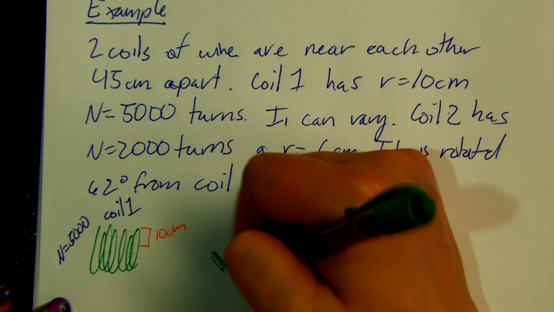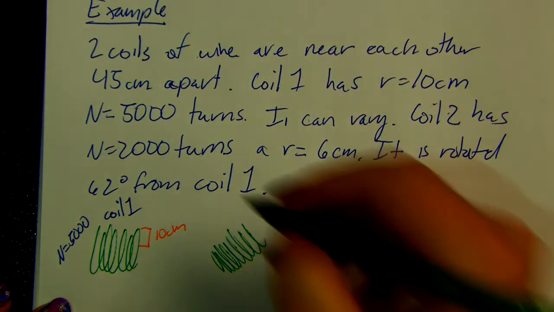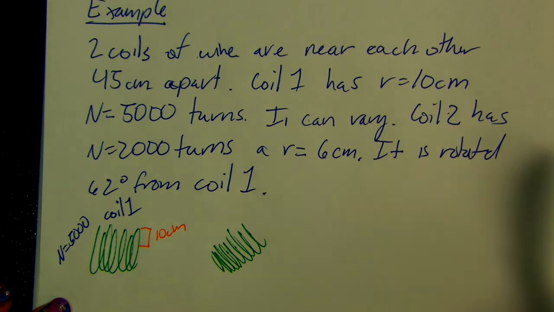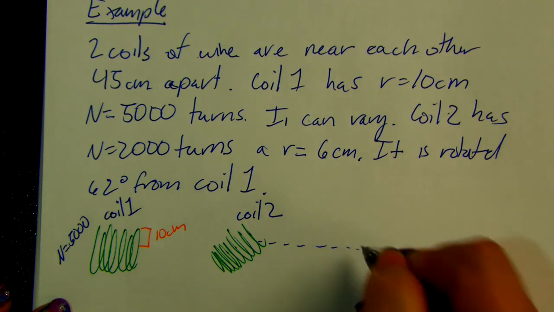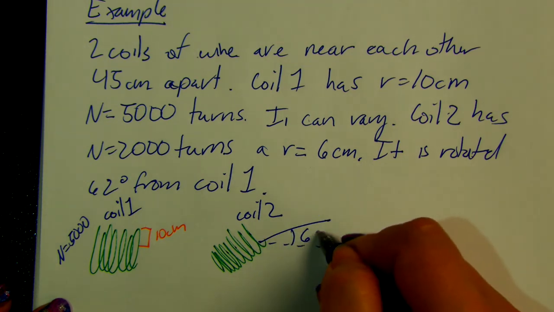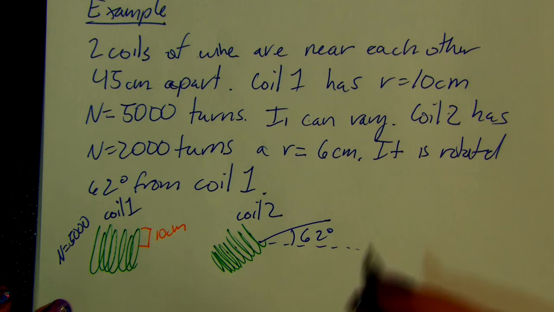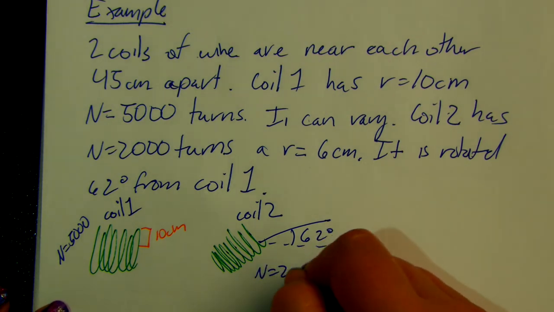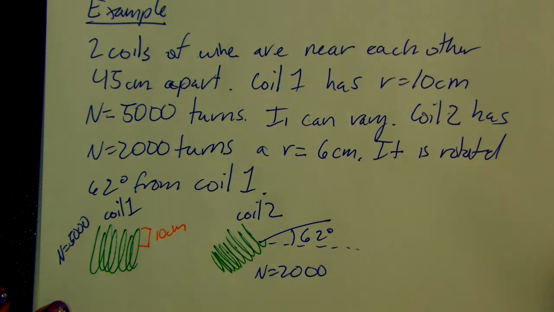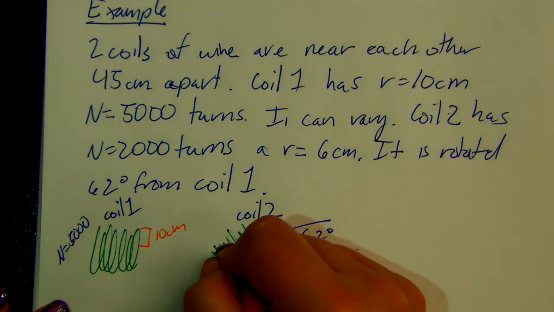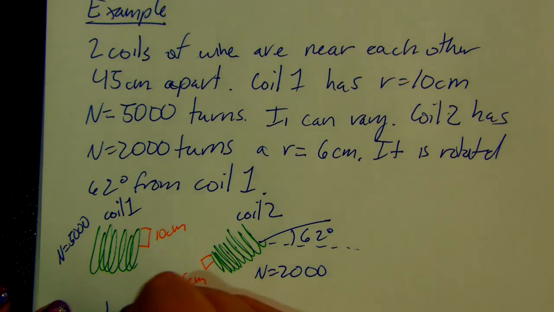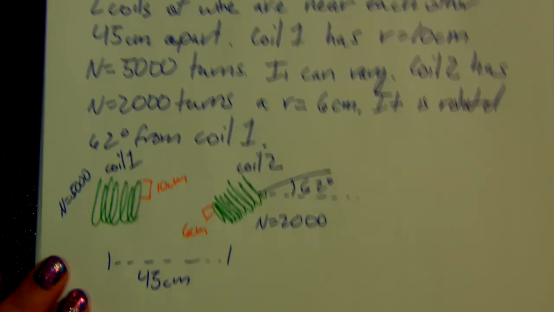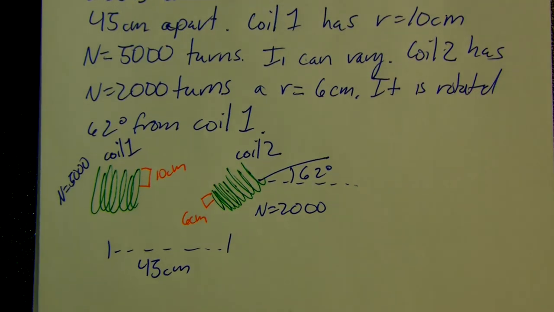We have coil 2, which is rotated 62 degrees and N equals 2,000 and 6 centimeters. These are 45 centimeters apart.